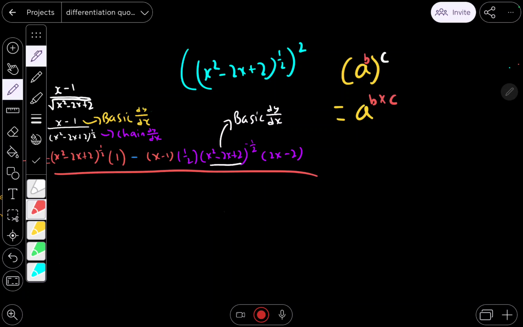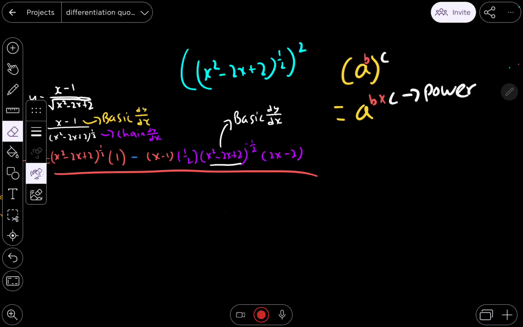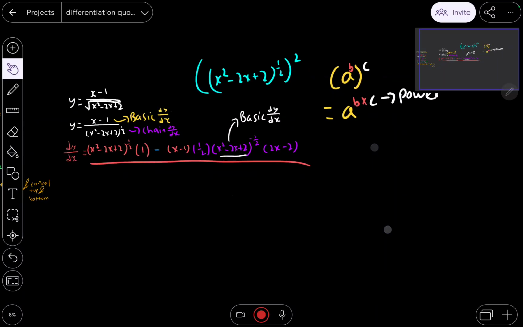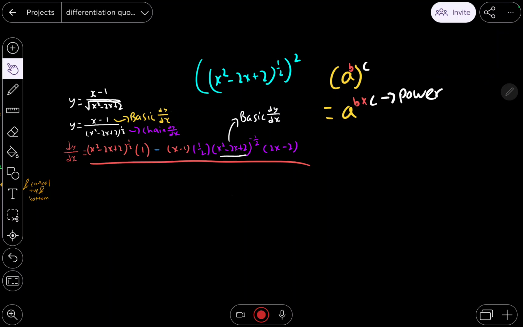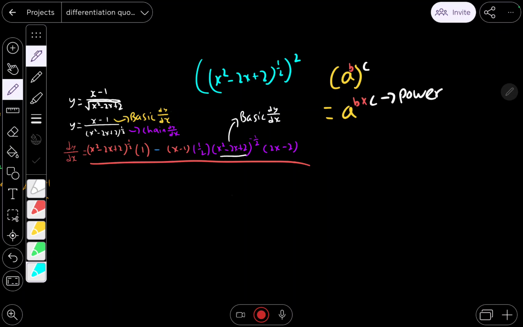So this is your indices. So we know that half times 2 is just 1, right? Because 2 divided by 2 is 1. So we can just write here x squared minus 2x plus 2.